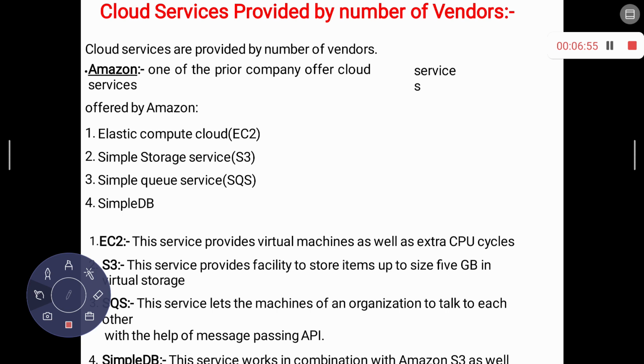We can take the example like more than two working together. It means different computers are working connected on a network. Multiple computers connected on a network through which we can utilize the services. This is the concept of grid computing.